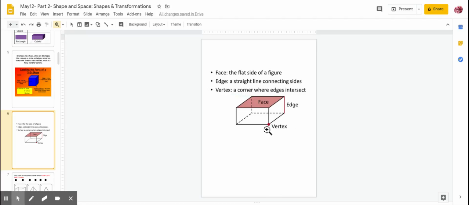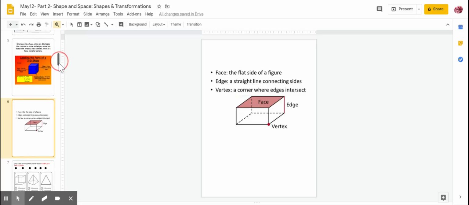It's just a fancy way of saying the intersection point. Okay, but we just call it the vertex. So three terms you need to know. You need to know what a face is, you need to know what an edge is, and you need to know what a vertex is. I explained it to you right here, so you should be able to see it here. A face is just the face of the shape, an edge is the edge of the shape, and a vertex is the point where the lines meet.